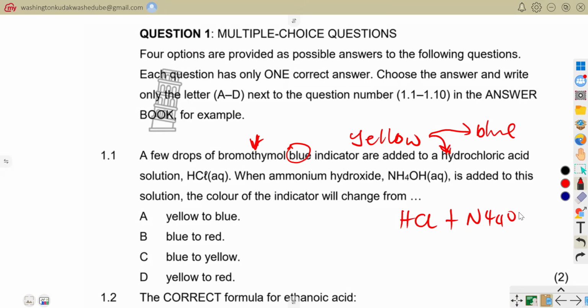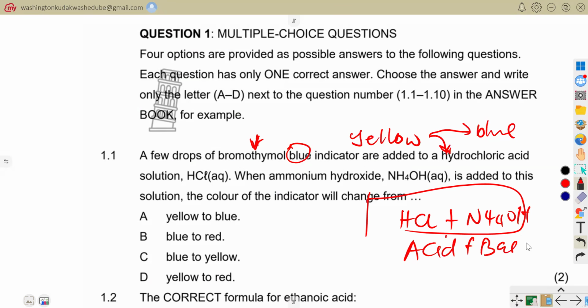ammonium hydroxide, you are neutralizing. This is an acid-base reaction, and we know that an acid-base reaction is neutralization. So you are going back to a neutral solution, which would give you the color blue. Or else we would say that in the presence of a base, your indicator becomes blue.